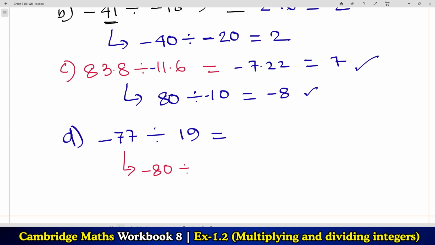So in this case it's 20. So our result will be -4. So what about our actual? 77 divided by 19 will be 4.05. Minus and plus is minus, so here it is -4.05 and it can be written as 4.